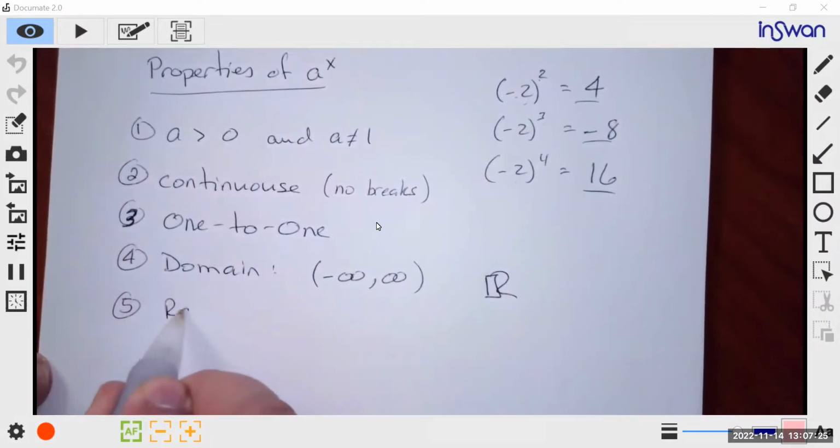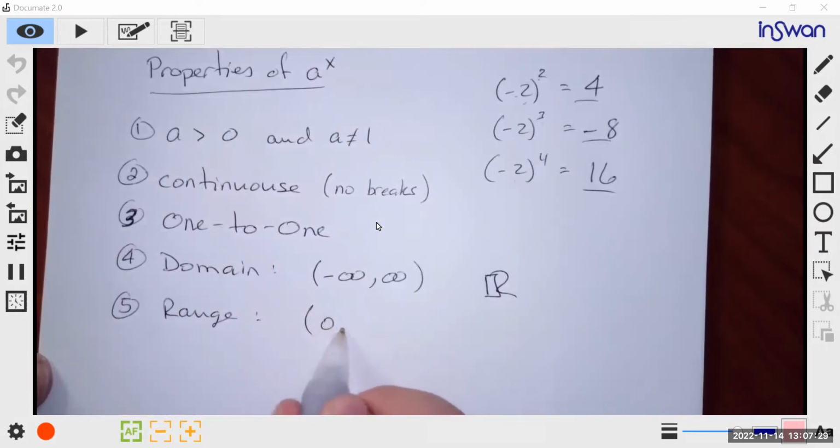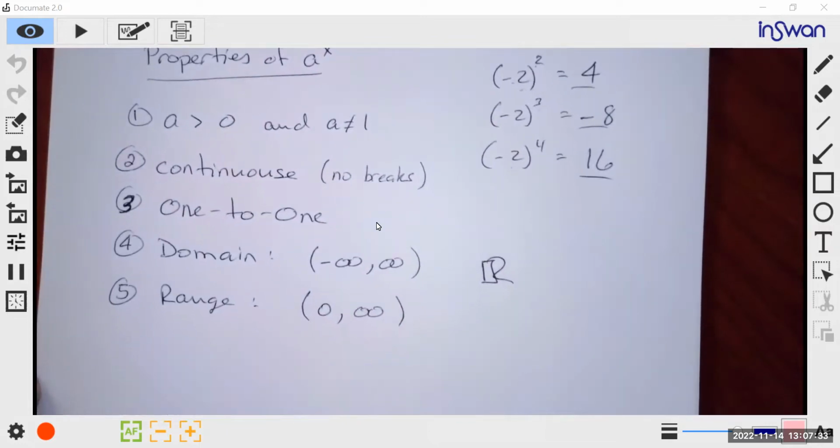The range is from 0 to infinity. So we can use any x's we want, positive, negative, and zero, but the final answers will always be positive. It doesn't have an x-intercept.